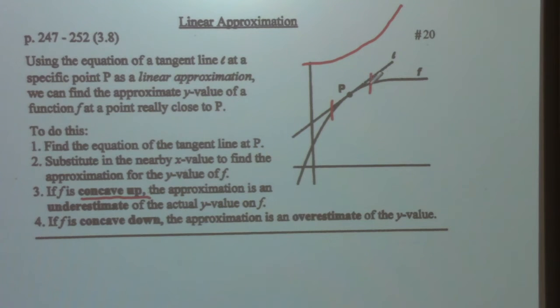If we approximate a value on the curve using this tangent line, the value we calculate is going to be an overestimate because the tangent line lies above the curve. And if we had a concave up situation like I drew above, the line that touches it represents an underestimate, because the tangent line lies below the curve. So you have to look at that.